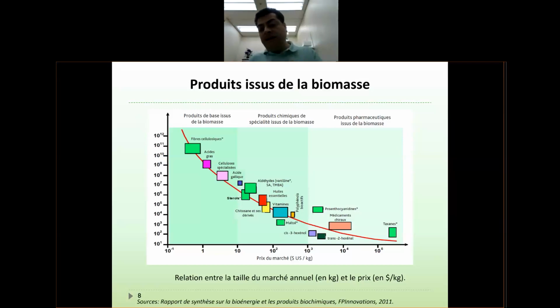And on the other hand, the value of the product that you make is much, much more. For example, taxons, maybe the market is smaller. For example, if the market in the y-axis based on kilogram could be, for example, 100 kilograms that you make per year, relatively, but the value is like $1 million per kilogram.